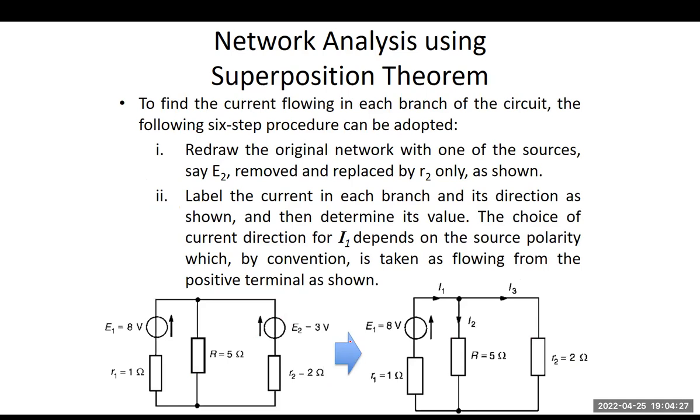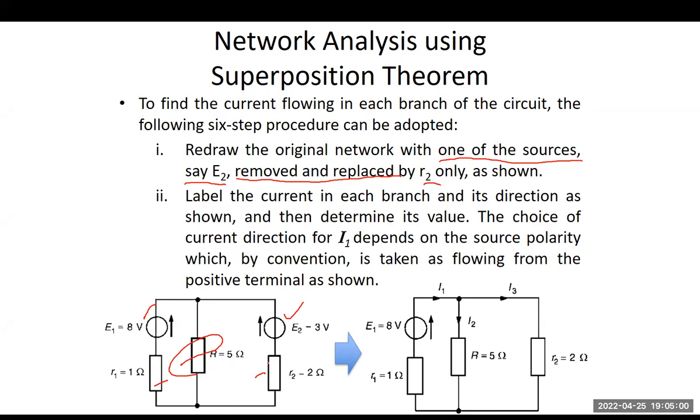First, we redraw the original network with one of the sources removed. Let's say E sub 2 is removed and replaced by R2 only, as shown. This is our original circuit, with complete components: E1, E2, the internal resistances and the load resistance.